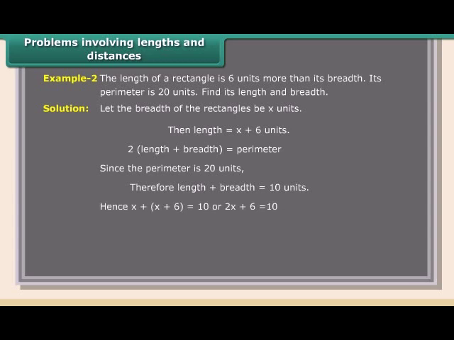Hence x plus (x plus 6) is equal to 10, or 2x plus 6 is equal to 10. Therefore, 2x is equal to 4 and x is equal to 2. Breadth is equal to 2 units. Length is equal to 2 plus 6 is equal to 8 units. Length is 8 units.